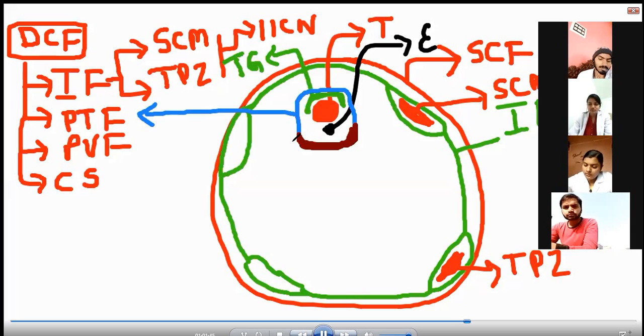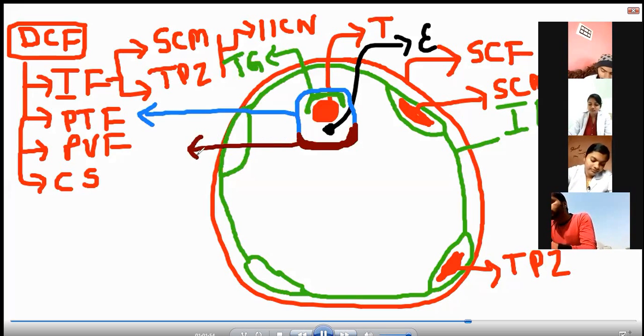This posterior modification of pretracheal fascia is known as buccopharyngeal fascia.